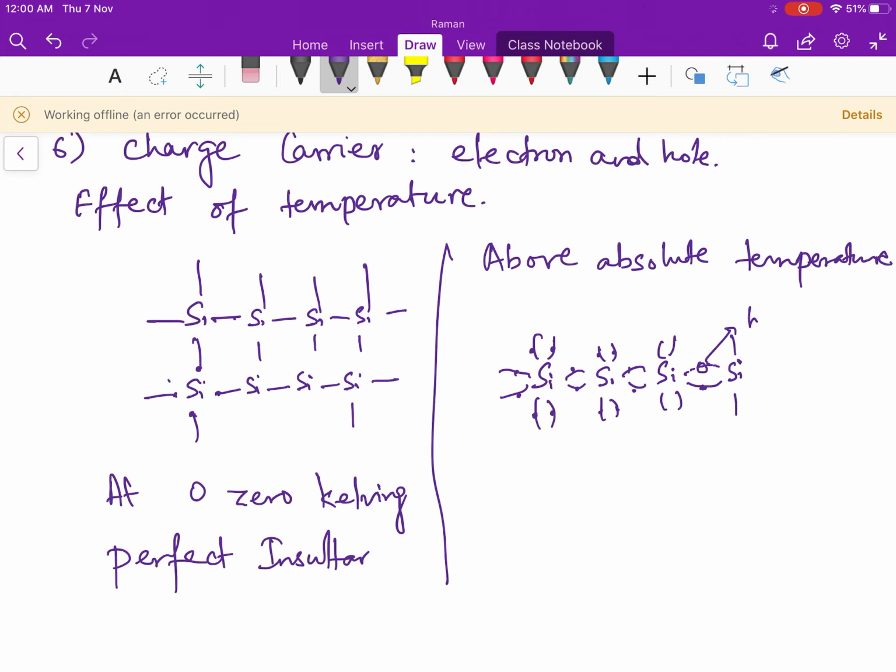Some electrons are available in the conduction band, because of which the semiconductor becomes a little bit conducting, that is, it behaves as a poor conductor above 0 temperature.